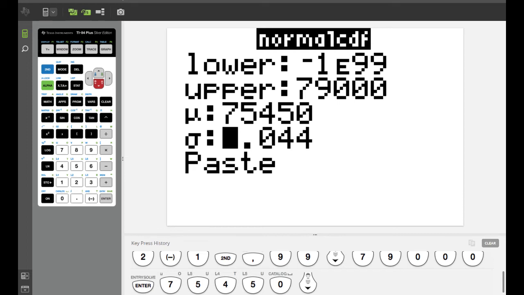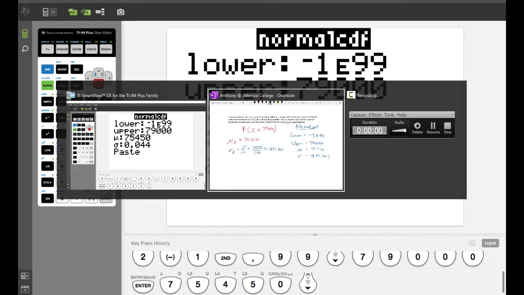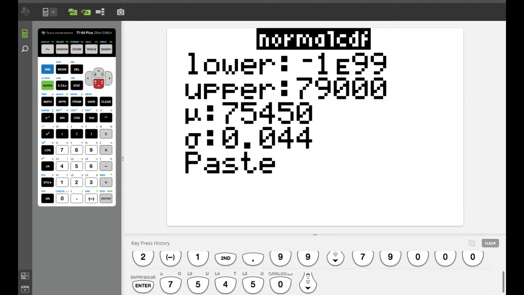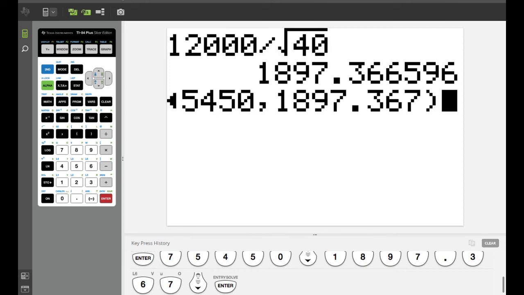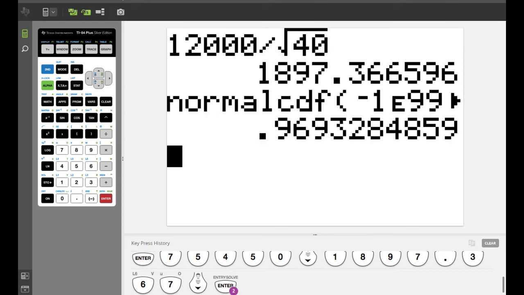And the standard deviation we're going to use here is the standard error, 1897.367. We paste, hit enter, and there we go. We've got a probability, 0.969.